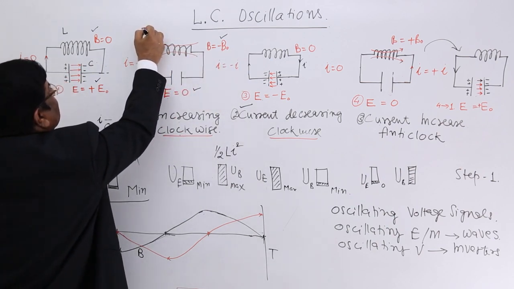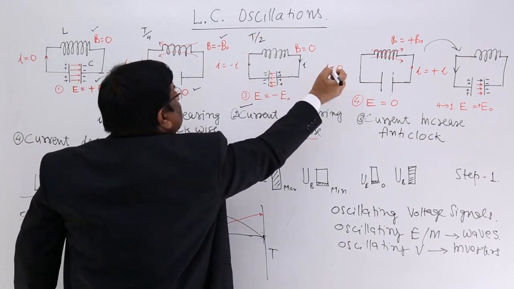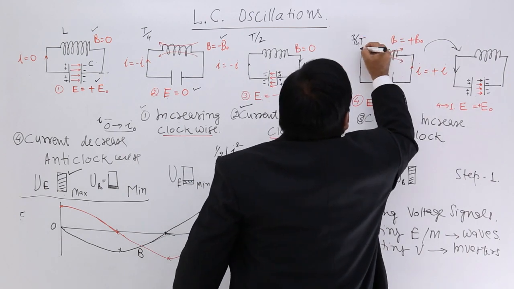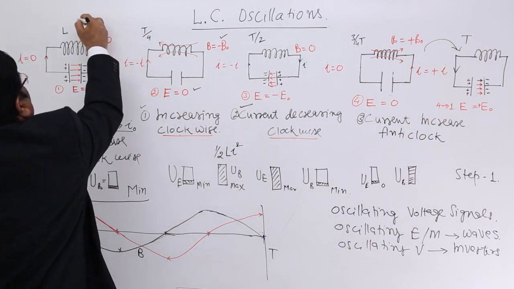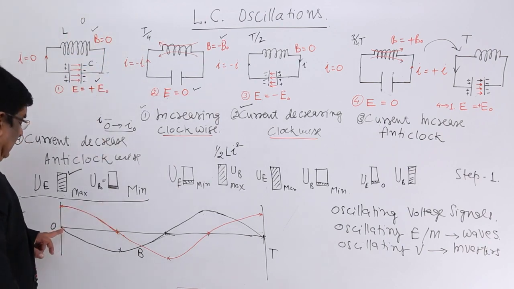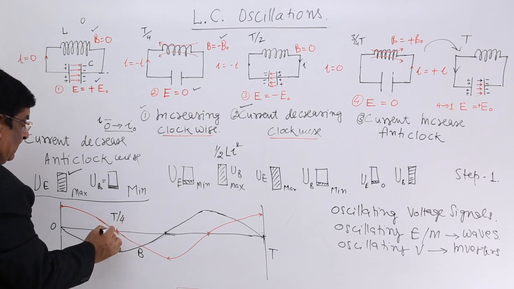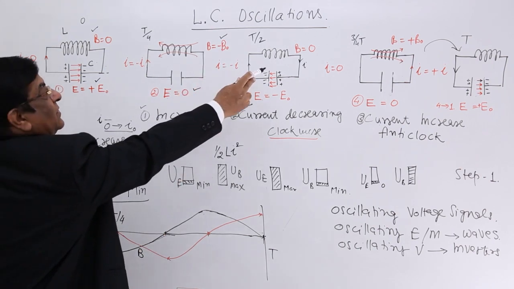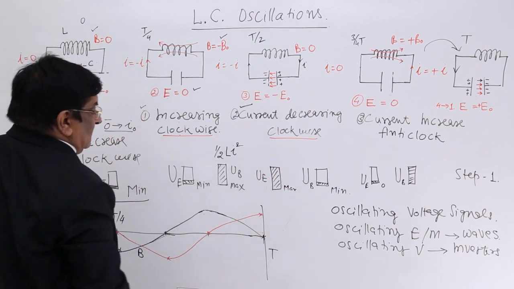So this is T by 4, this is T by 2, this is 3 upon 4T, and this is after 1 full T back. Okay, so at 0, then at T by 4, B is minus B, again it is 0 and then again it is plus B and finally it is again 0.